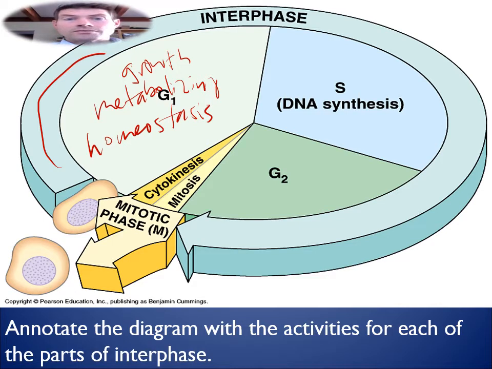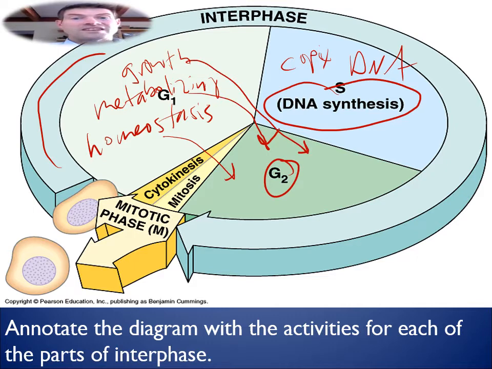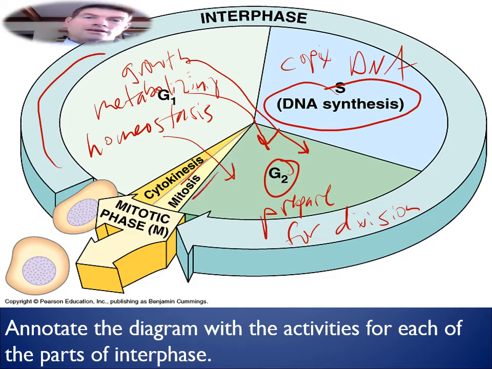Then you go from G1 to S, and you're copying the DNA, just like what it says. Copy DNA. Then G2, you're going to do more metabolizing, more homeostasis, more growth if necessary, and mainly prepare for division.